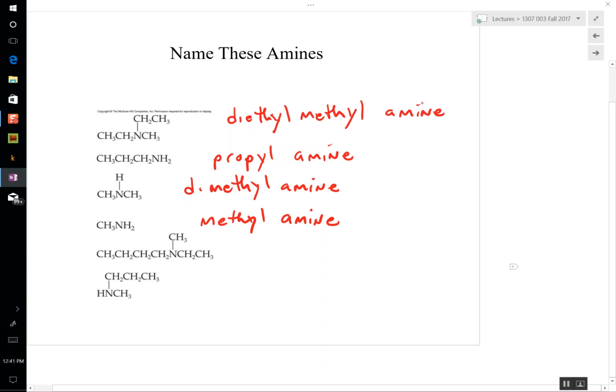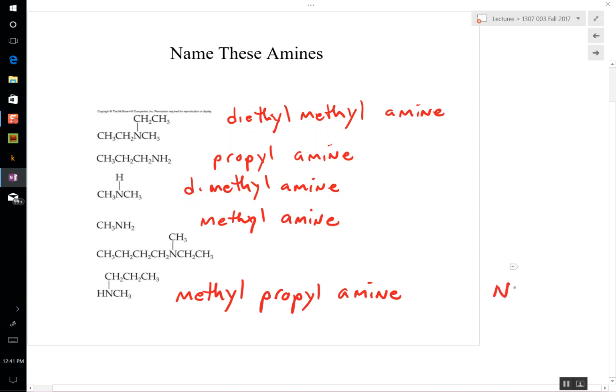This row. Got it, Trevor? Methylpropylamine, and that would be alphabetical. Remember, if I gave you that name, you should be able to draw it. How would you do that?